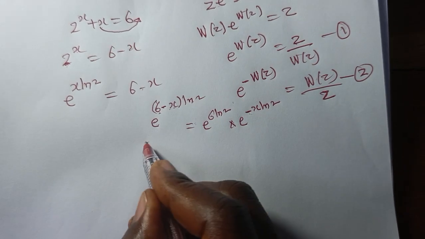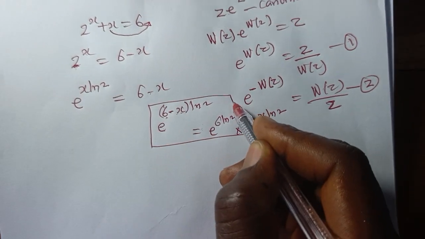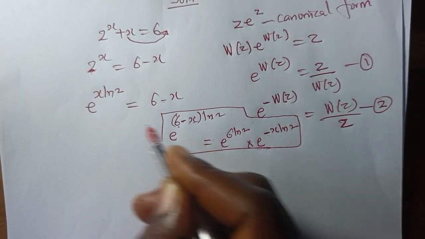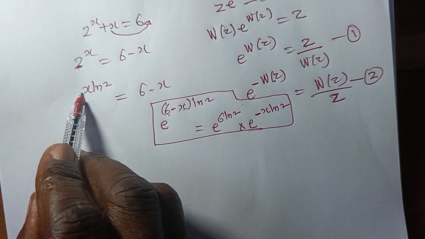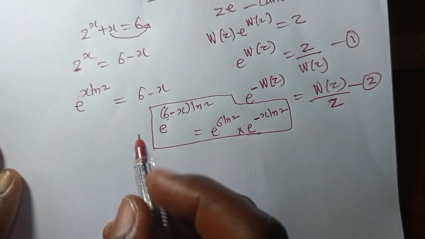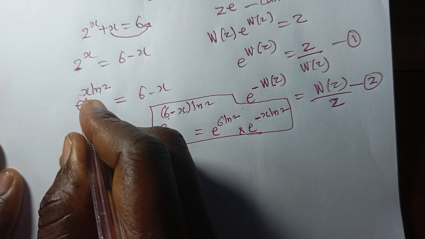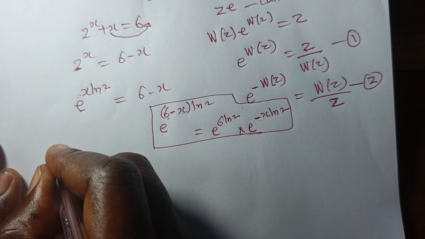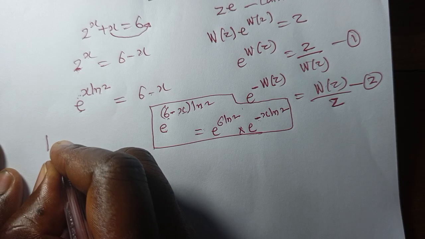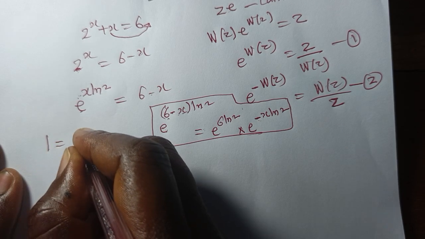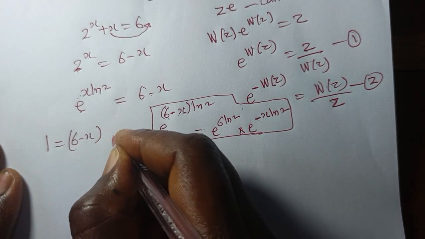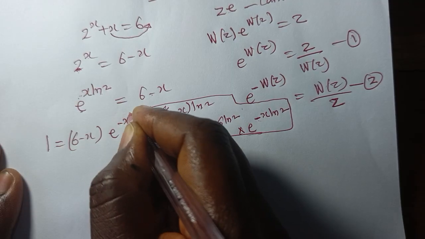And before we can achieve this, we are going to rewrite this equation so that this will turn to negative power. So divide through both sides of the equation by this e raised to power s ln 2. We have 1 left here equals 6 minus s multiplied by e raised to power minus s ln 2.